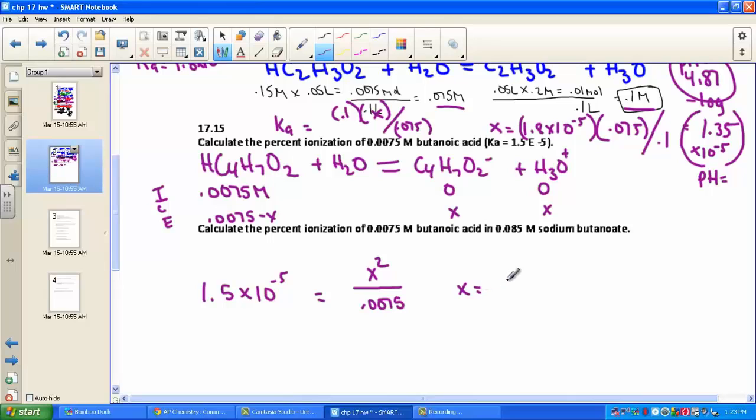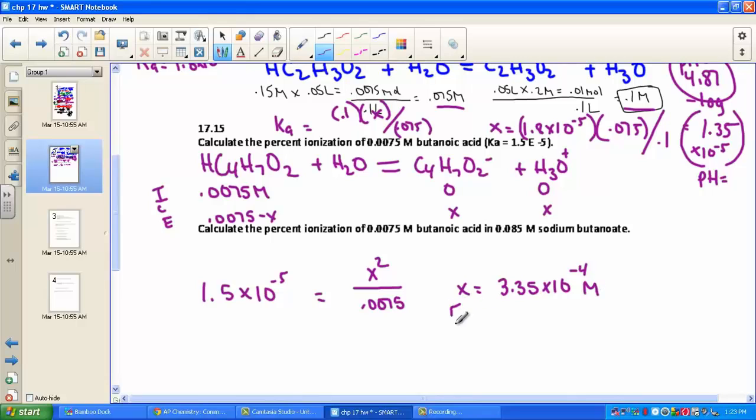So let's solve for X. We're going to hit 1.5 E negative 5 times 0.0075, square root that answer, and X came out to be 3.35 times 10 to the negative fourth.